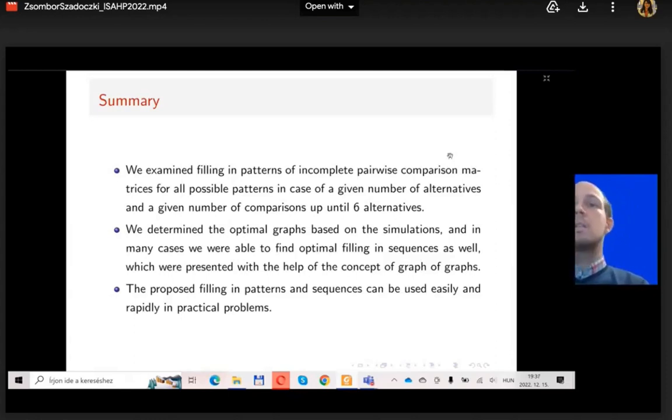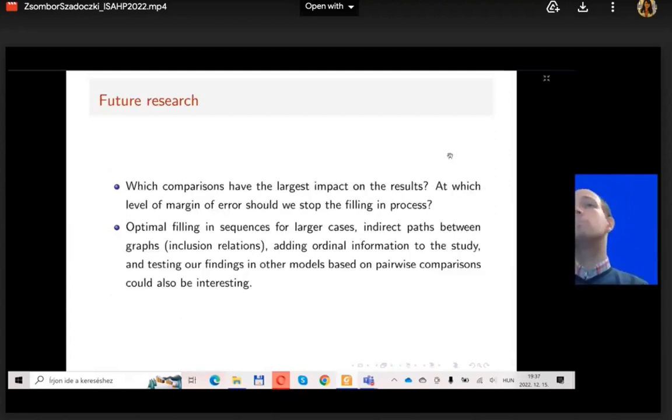And our results can be easily used in practical problems. Now, of course, there are many future research questions. We can focus on larger cases, indirect paths, so when we make more than one comparison in one step, we can add ordinal information to the study and test the results in other models which are based on pairwise comparisons.